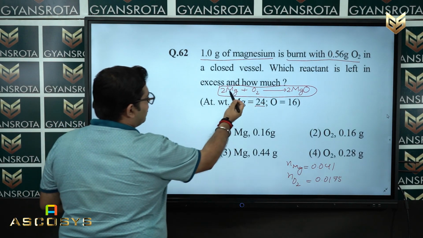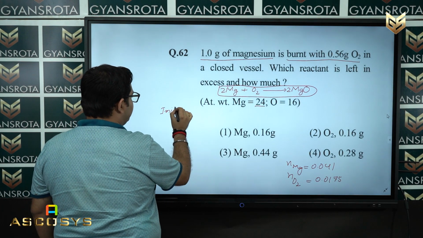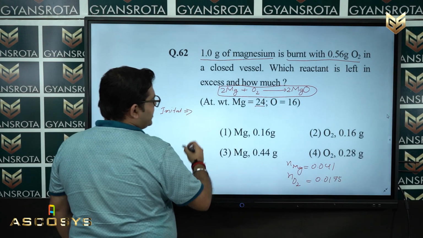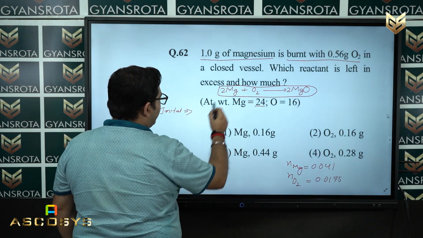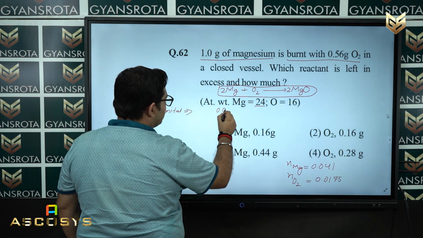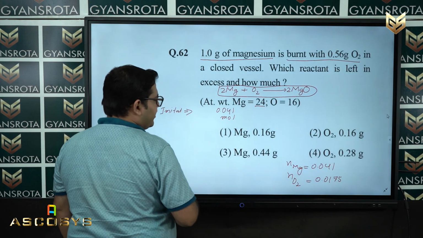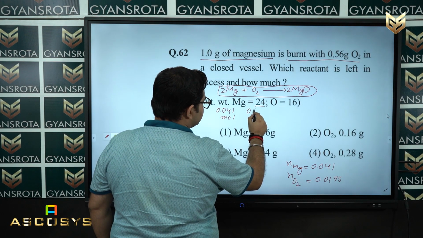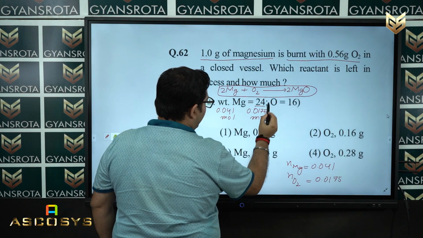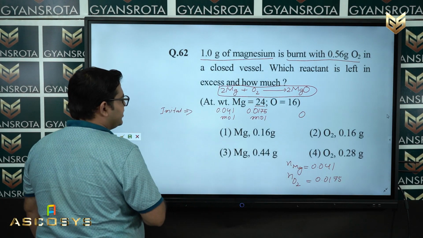Okay. So, now just concentrate on this equation. Initially, your magnesium concentration, that is 0.041 mole, will be there and it will react with 0.0175 mole, and initially the magnesium oxide concentration is 0.